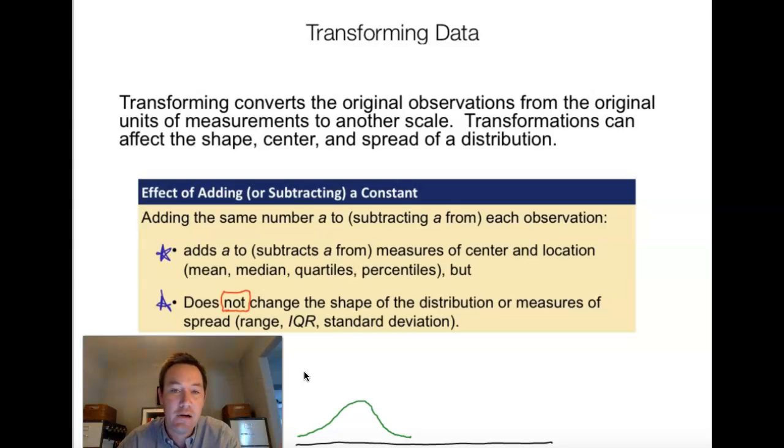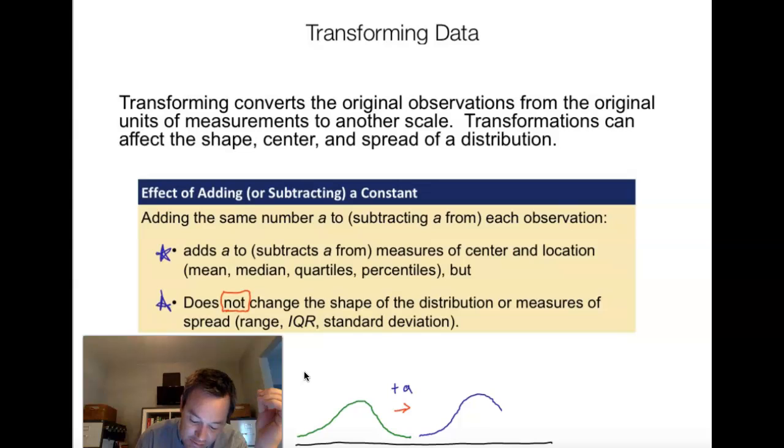If you can remember how adding or subtracting a constant to those functions impacted them, it just gave them a shift. So if I add A to every piece of data, it just gets shifted to the right by A units, which means our measures of center, like the mean, got shifted over A units as well.